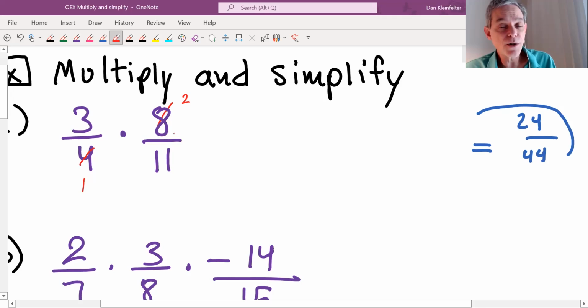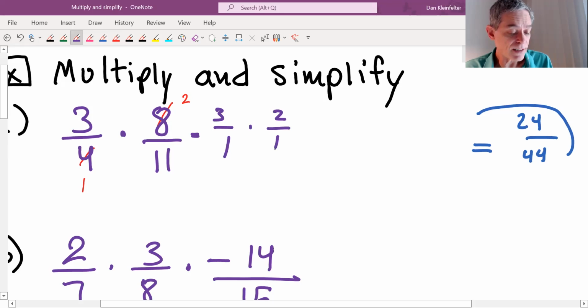So how you show your work with this is you cross out the number that you were dividing and leave the quotient, the answer to the division. 8 divided by 4 is 2, and 4 divided by 4 is 1. Okay, now just for clarity, I'm going to rewrite this, showing what's left after the simplification. We'll have 1/1 times 2/11... wait, 3/1 times 2/11. This will give us 6/11.